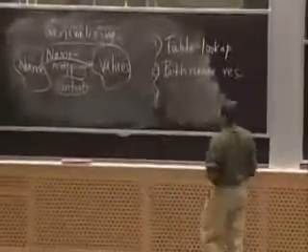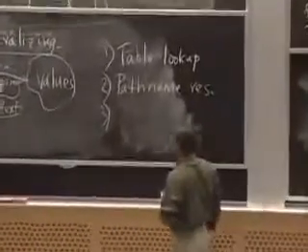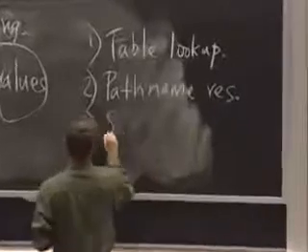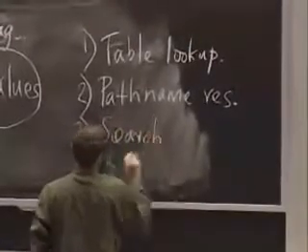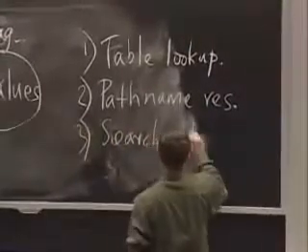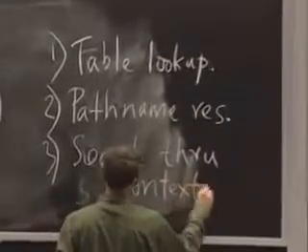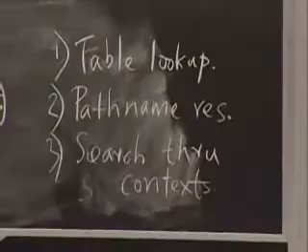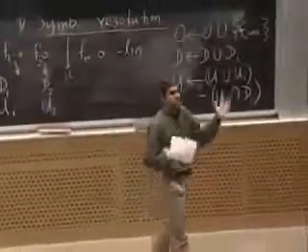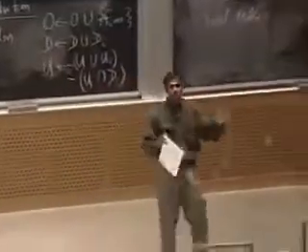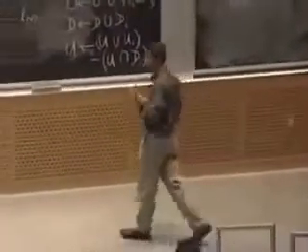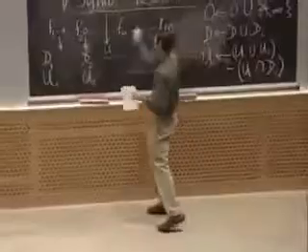And the third way of doing name resolution is what we saw today, and that's an example of searching through contexts. There's really no path here. I just tell you, here's a set of .o files, and here's a set of libraries, and the symbols that are undefined or defined in different modules of my program are defined somewhere among these modules.